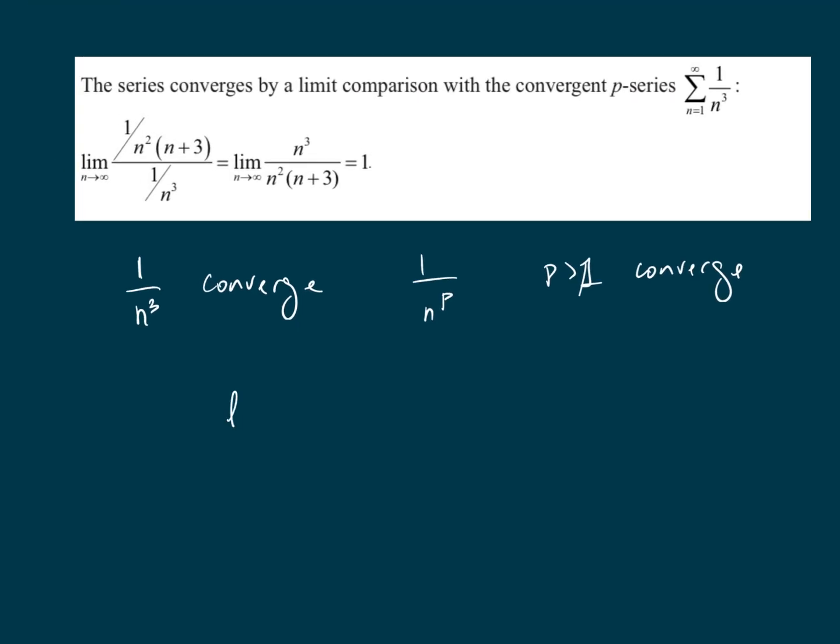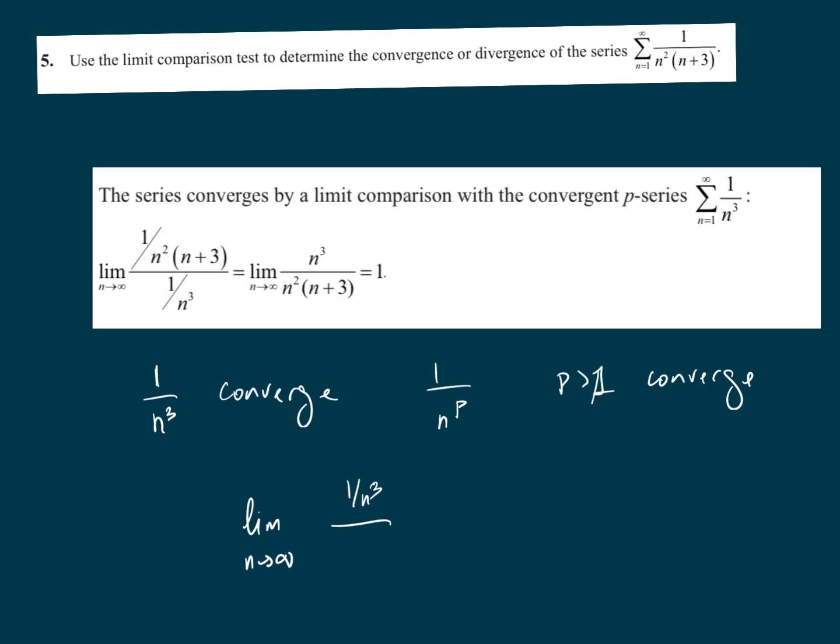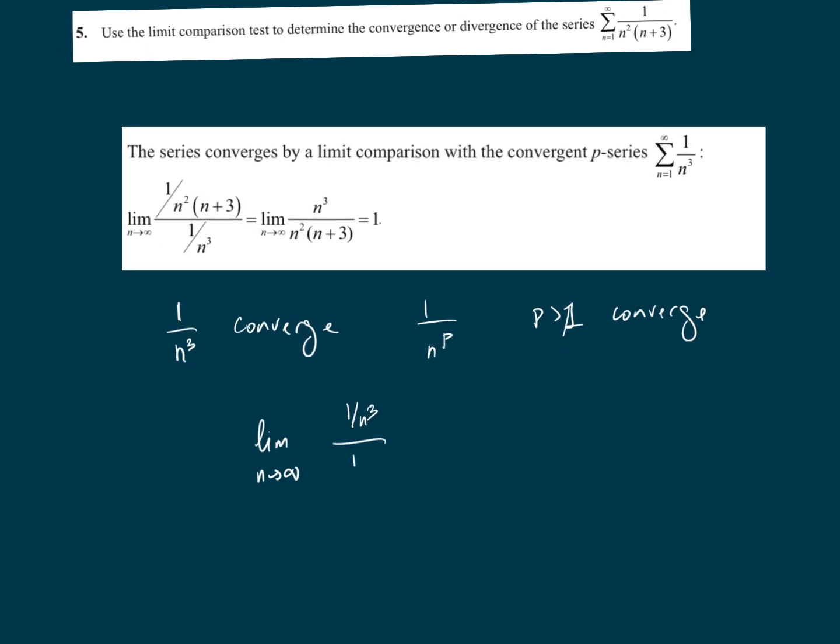for the limit when n goes to infinity of this 1 divided by n cubed, divided by the other one. The other one is 1 divided by n cubed plus 3n. It's the same if you put the first divided by the second. It's exactly the same here.